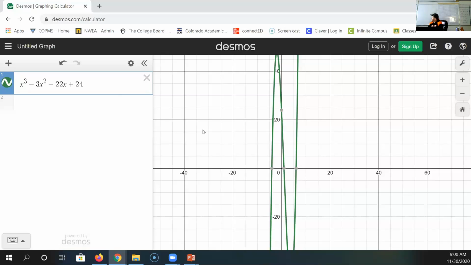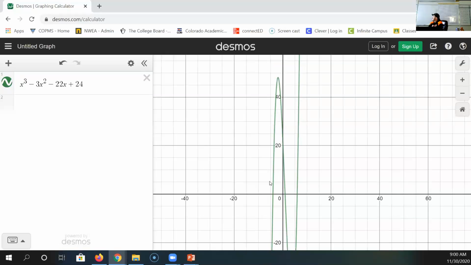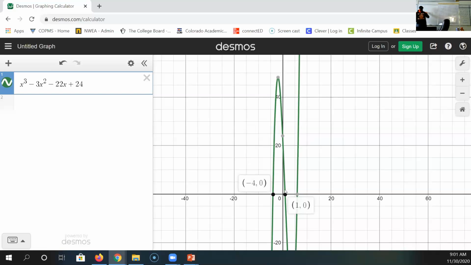And on what intervals is it greater than the x-axis? Where is it positive? So you can see I have a real zero here at negative 4. I have a real zero here at 1. And I have a real zero at 6.